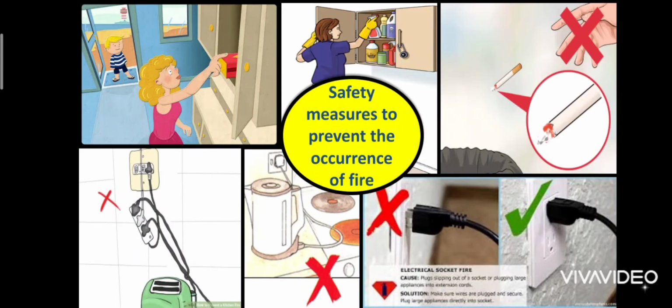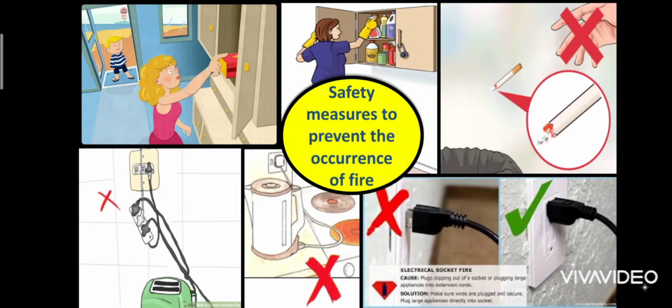Okay, for this slide, this is about the safety measures to prevent the occurrence of fire. As you can see from picture number 1, the mother keeps the matches and lighters in a safe place so the children cannot play with the matches and cause a fire.